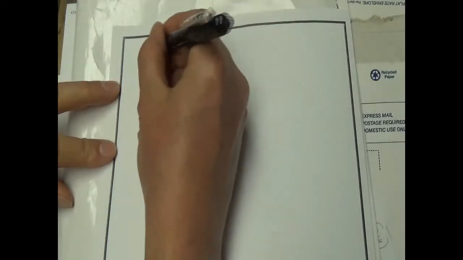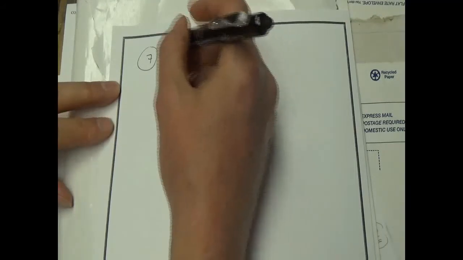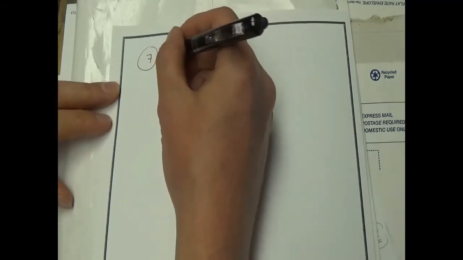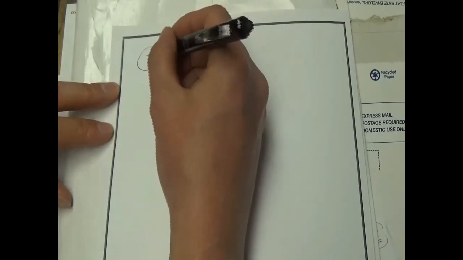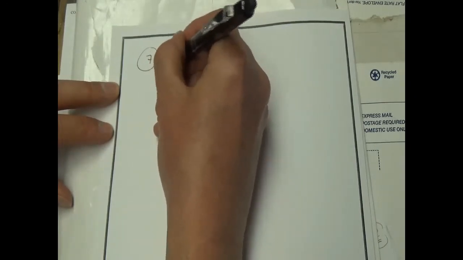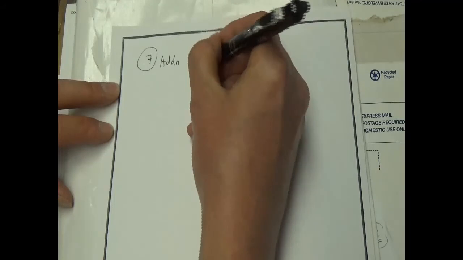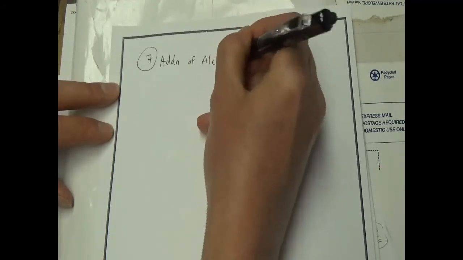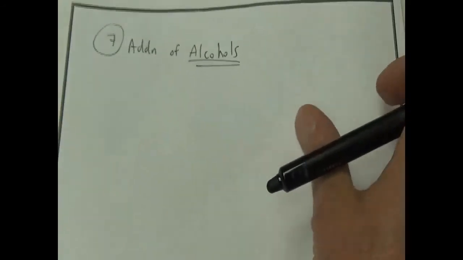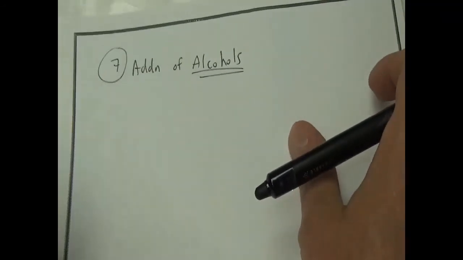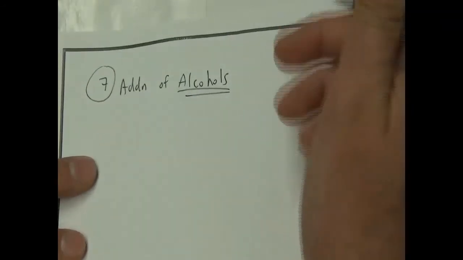Okay, so that was it for the hydration. Let's start this topic, and we'll probably end on it today, which is very similar to hydration. It's the addition of alcohols to ketones and aldehydes. It's a little different than hydration, but there are similarities.